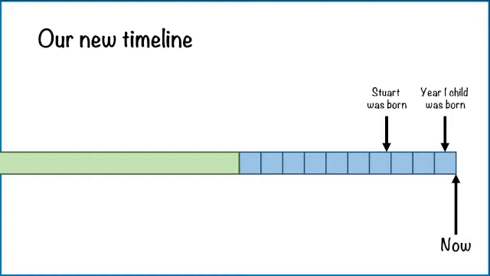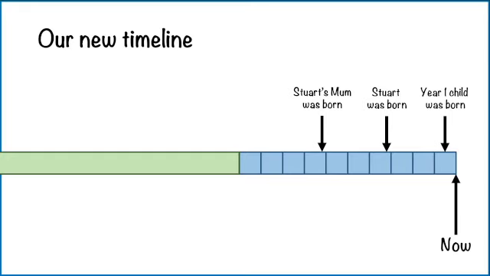Let's show her on our timeline. There you go. My mum was born, let's count back. 10, 20, 30, 40, 50, 60. My mum was born just over 60 years in the past. So she is older and therefore was born furthest away from now.